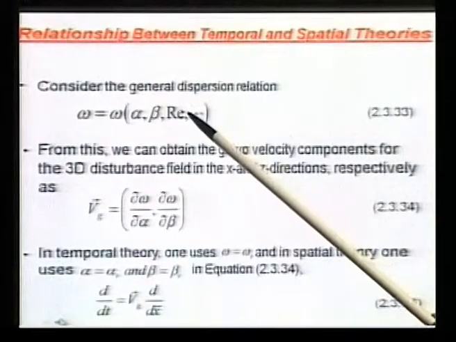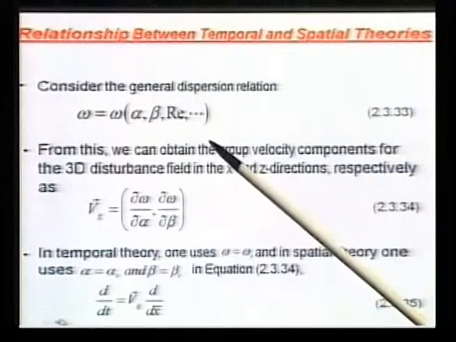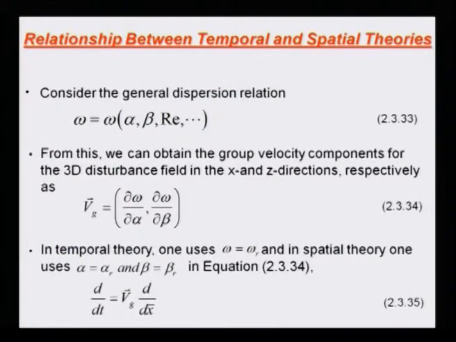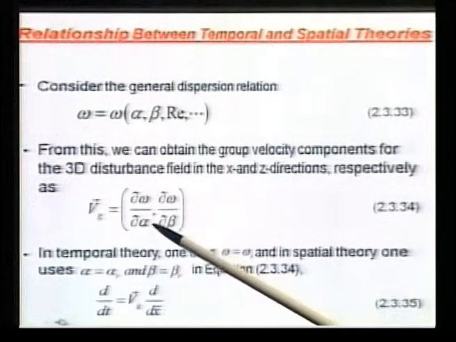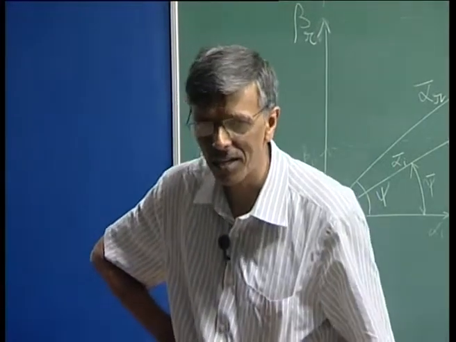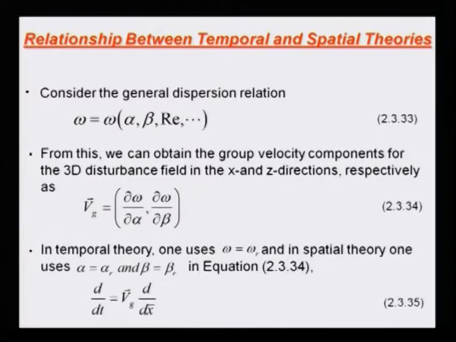If we have some such relation, then we can differentiate those omegas with respect to alpha and beta, and then we get the corresponding group velocities. When we differentiate with respect to alpha and beta, we are talking about differentiating with respect to alpha r and beta r, right, the real part. The real part will help us define the group velocity, right. So, that is how we have to do it.